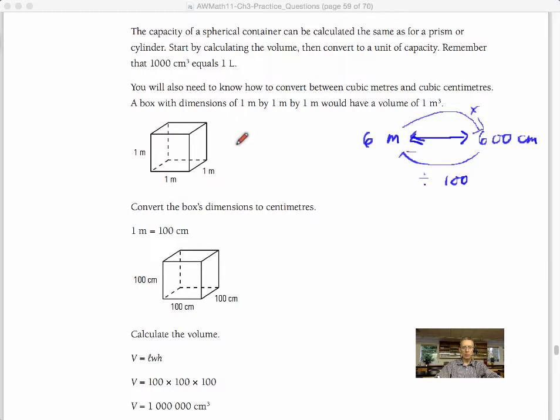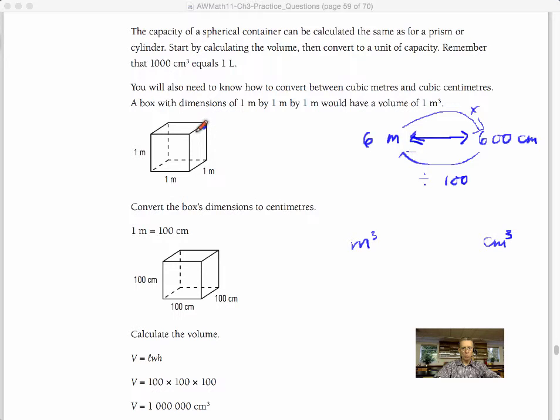However, in volume, we're looking at cubic meters, meters cubed. And how does that relate to centimeters cubed? Well, it's a little bit different. If you think of this block, it's a meter by a meter by a meter. That means up here we have a little cube in the corner that's 1 centimeter by 1 centimeter by 1 centimeter.